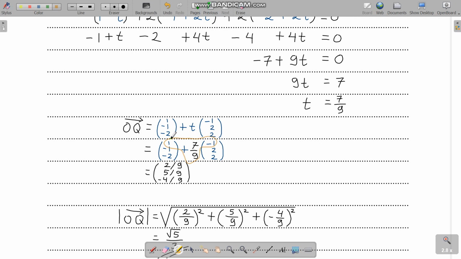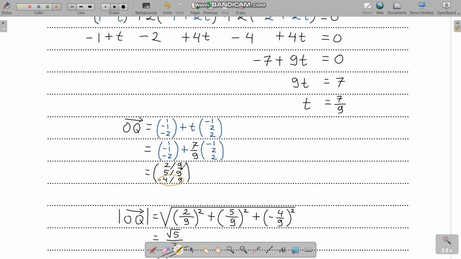1 minus 7 over 9, that's 2 over 9. -1 plus 14 over 9, because 2 times 7 is 14. And -2 plus 14 over 9.